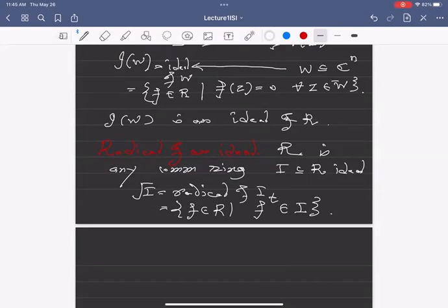It's called the radical of the ideal. Exercise: show the radical of I is an ideal of R.